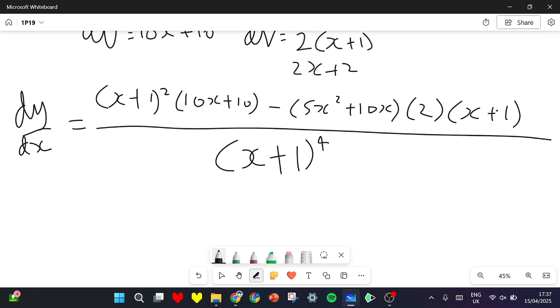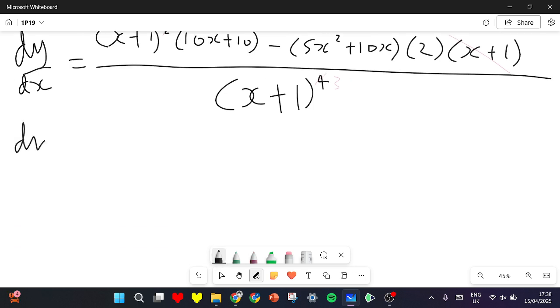I said to leave it like that because you can see that there's an x plus 1 in this one, an x plus 1 here, and then the bottom also has x plus 1. So you can remove one lot of x plus 1 from everything here. If you remove it from this one, then that one's just gone. If you remove it from there, it just becomes x plus 1, there's no squared. And if you remove it from here, it just becomes 3.